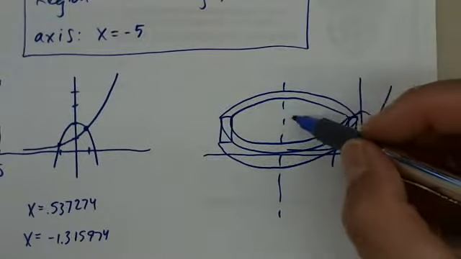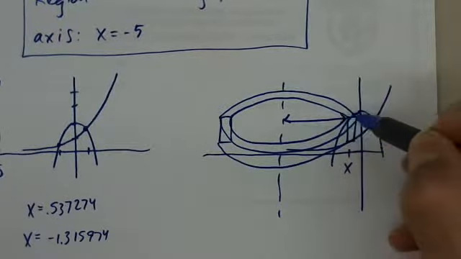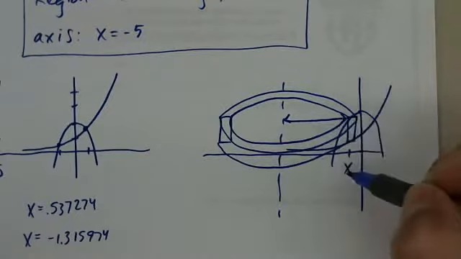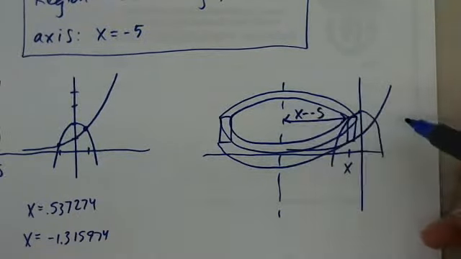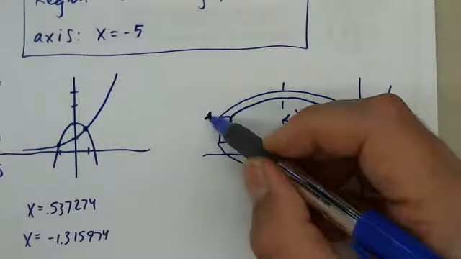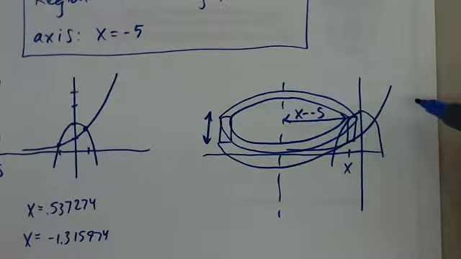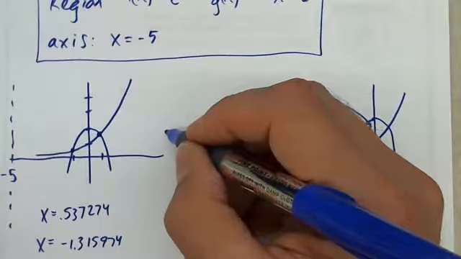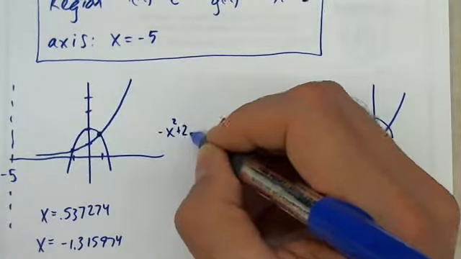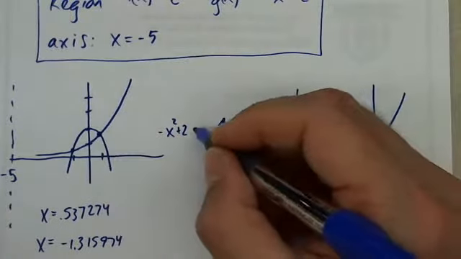And now we just have to talk about what is the radius. The radius is right minus left. x minus negative 5 is the radius. We need to have the height, which is top minus bottom. We see the top is the parabola, and the bottom is e to the x.